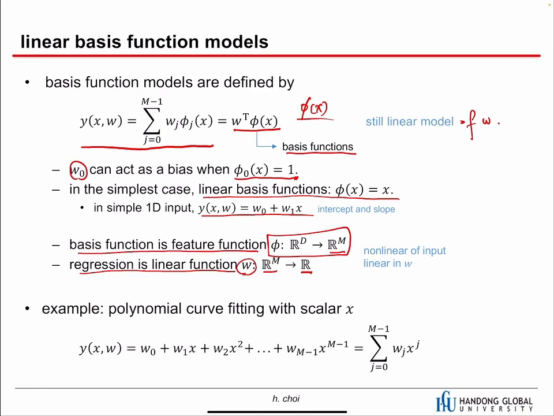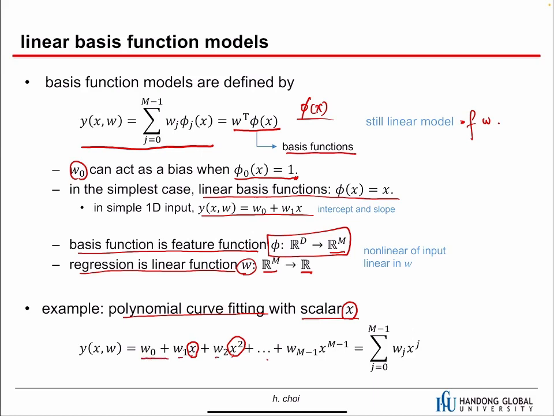So this is one example, polynomial curve fitting with a scalar x. This is not a vector, it's a scalar. This is the input x. This one is a scale of x, etc. And this is a linear function of parameter w.